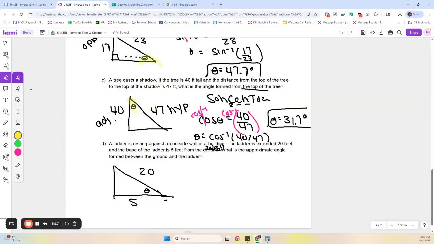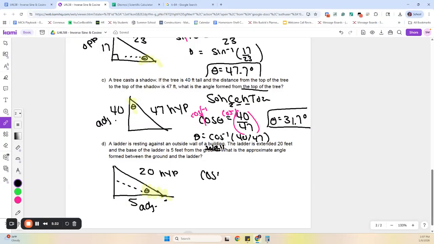Okay, so for this one, we got our opposite, and no, we don't got an opposite. We have nothing on the opposite, but we got our adjacent and we got our hypotenuse. So again, adjacent and hypotenuse go with cosine. And 5 over 20, A over H. We're going to do cos inverse to get rid of that cos.